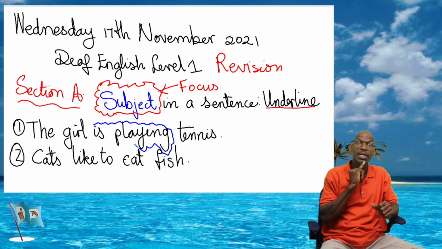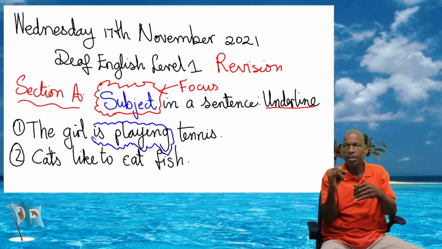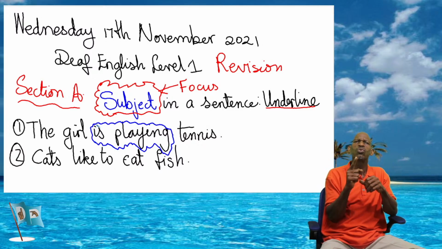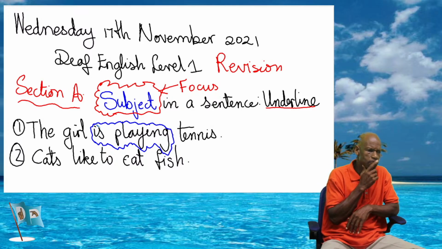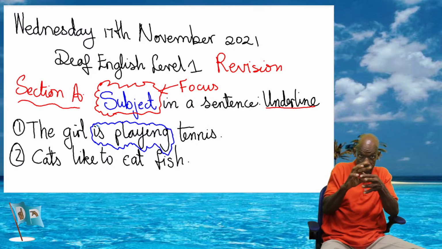So we have to ask ourselves, who is playing? The answer to that question will be the subject. Based on that question, see if you can find out who is playing in the first sentence and underline it.